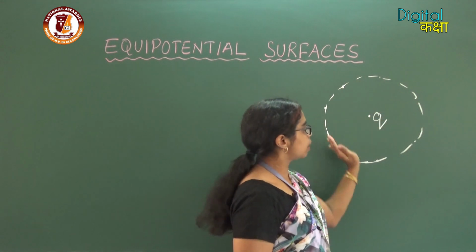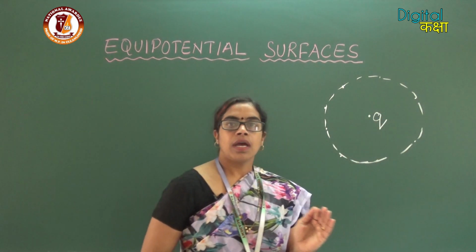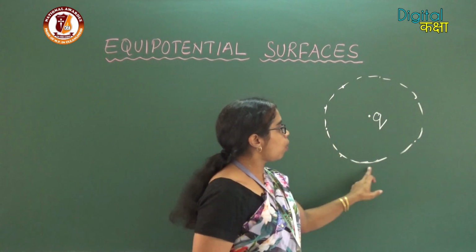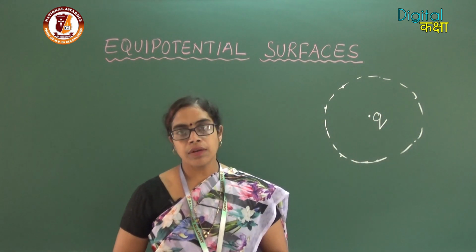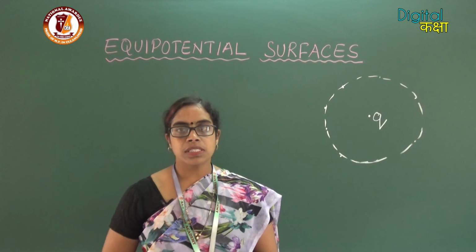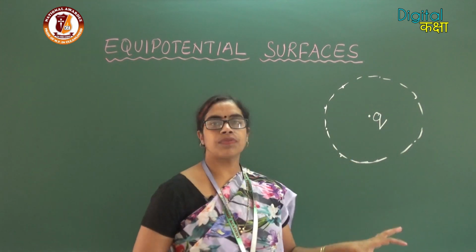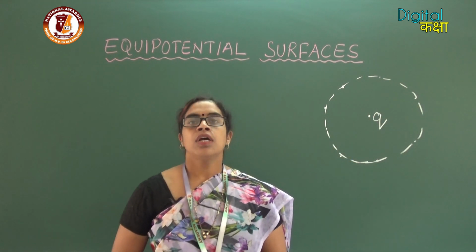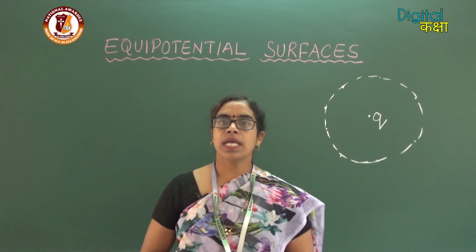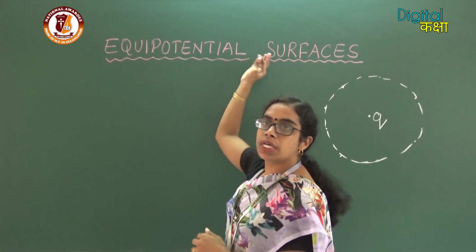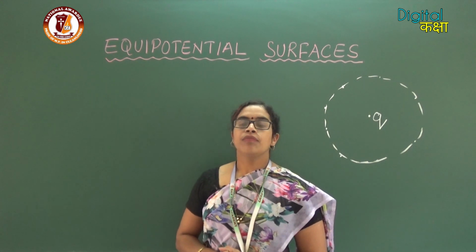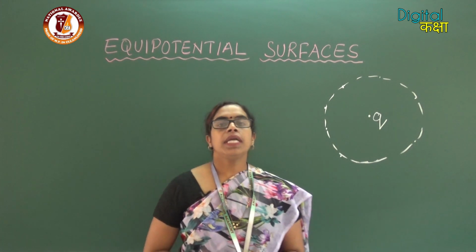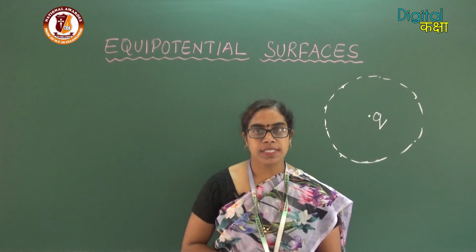So this particular surface which is obtained, on which all the points have equal potential, or when many such surfaces are drawn around this charge, such surfaces are called equipotential surfaces. Now let us understand a few properties of the equipotential surfaces.